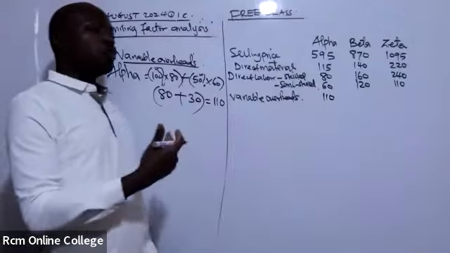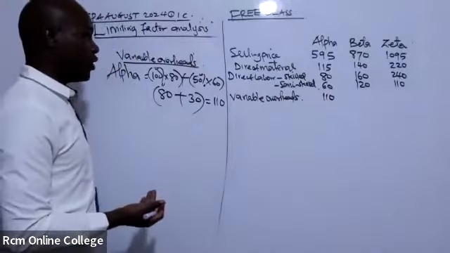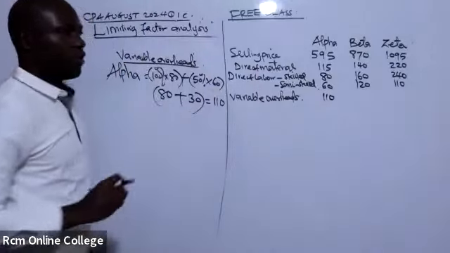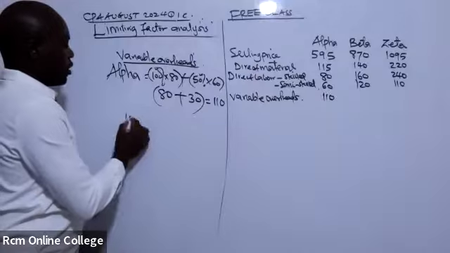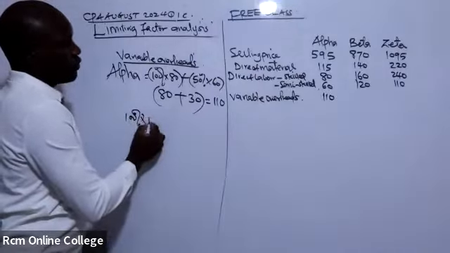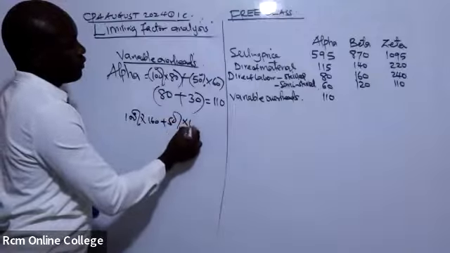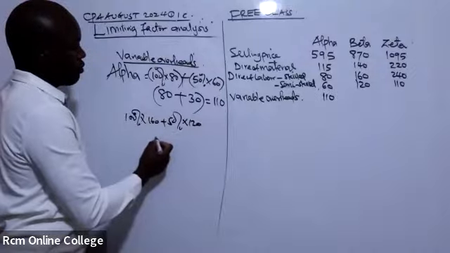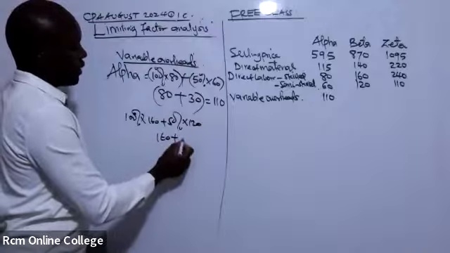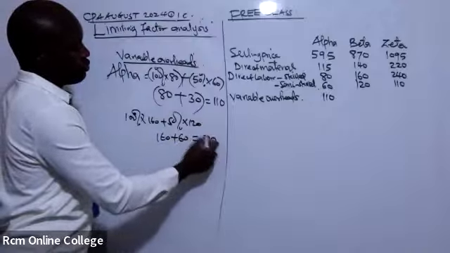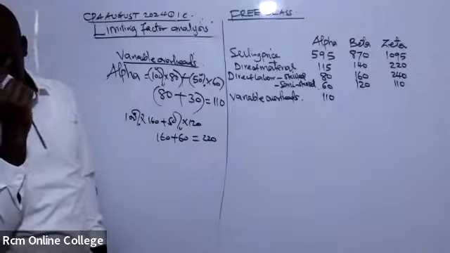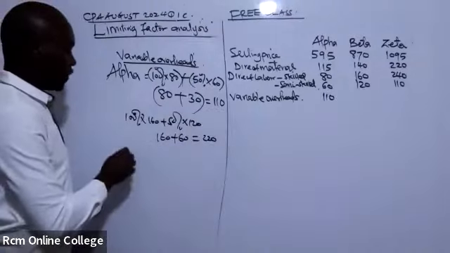Now, are we able to proceed beyond that point and get the variable overheads for beta? 100% of 160 plus 50% of 120. That will be 160 plus 60, 220. The next, that was zeta.